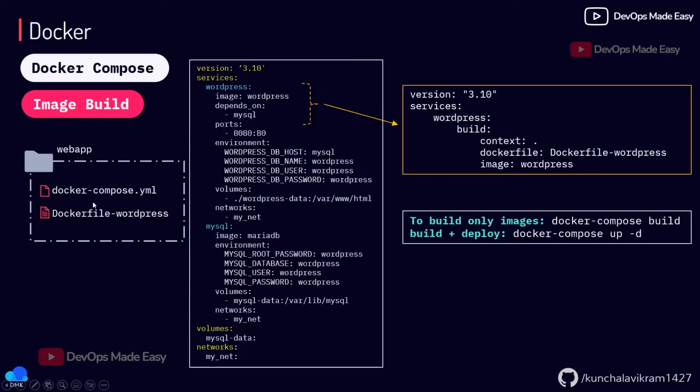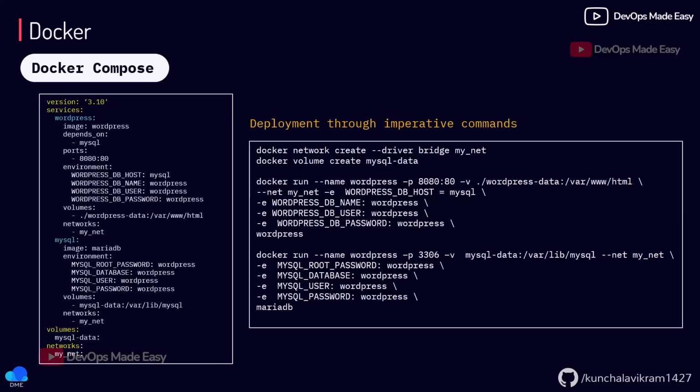And you can control what files you want to copy into the image; that syntax is there in the Docker file. Here we are just giving the location of the Docker file to Docker Compose so that it can build it.